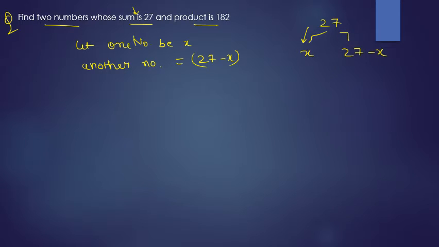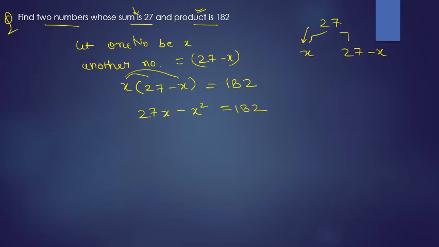Now the question is, product is 182. So x into 27 minus x is 182. Correct. Now simplify it. You can expand: 27x minus x square is equal to 182.